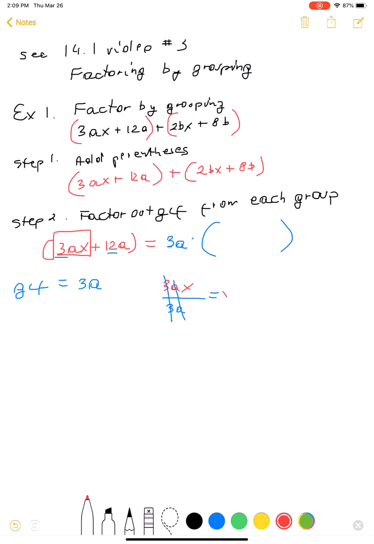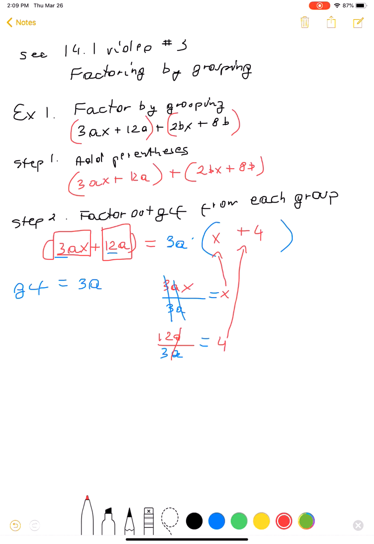That x goes inside of the parentheses. We do the same with 12a: divide by 3a, 12 divided by 3 is 4, and a divided by a cancels. So 4 goes inside of the parentheses. So 3ax plus 12a is the same as 3a times x plus 4.